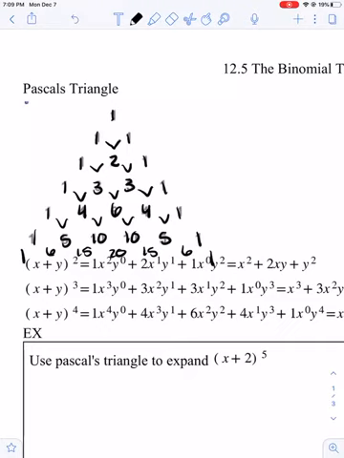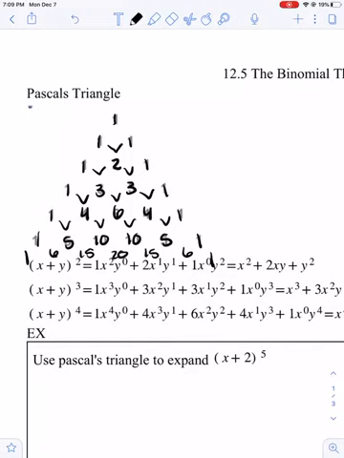So use Pascal's triangle to expand x plus 2 to the 5th power. So how you do this is you start with your first number and you raise it to the highest power, which would be 5. And then you start with the second one and have it to the lowest power, which is 0.